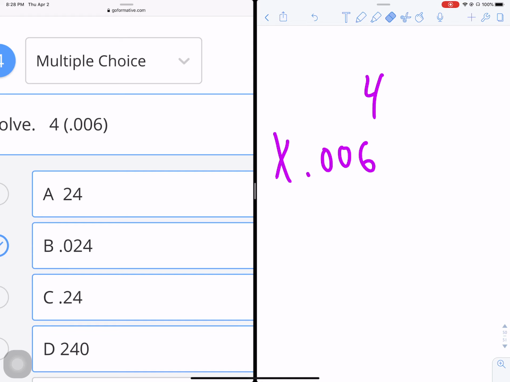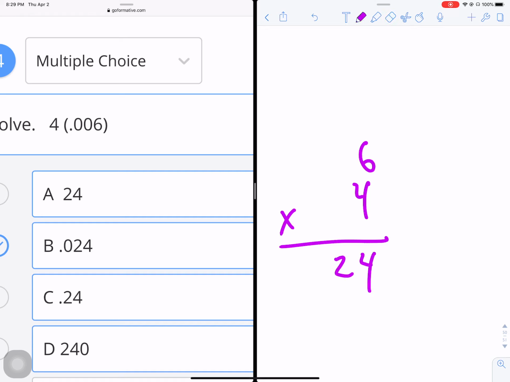We can probably just put the 4 on the bottom, something like that. But even that, a lot of students wouldn't know how to do that. So what I recommend is just do 4 times 6. What is that? It's 24, right? So 24 goes then for the answer.